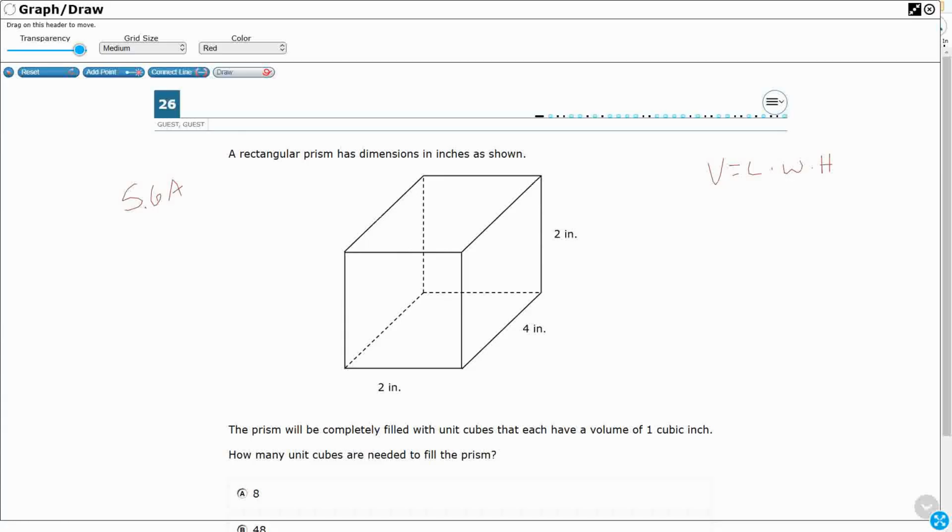And so what I want to do is see if I can draw, right? So if we get 2 across, we've got 4 back, like this, and then we've got 2 high. Okay, so we're going to do the same thing, and it's going to go back like this, and it's going to do that same thing.